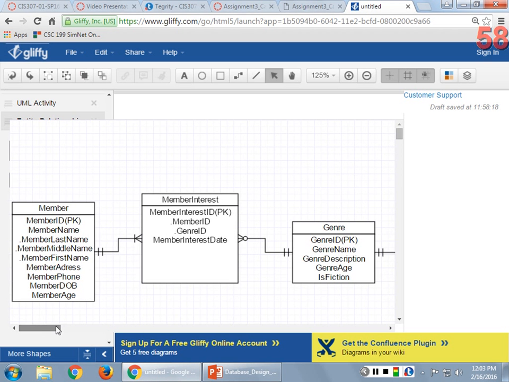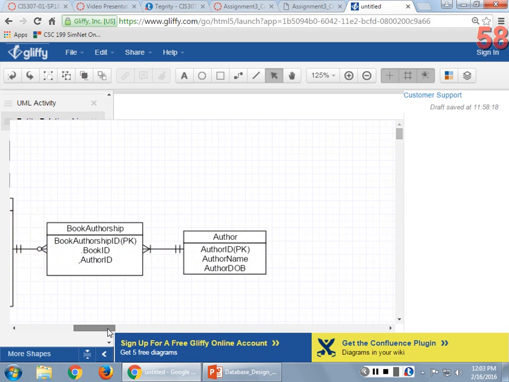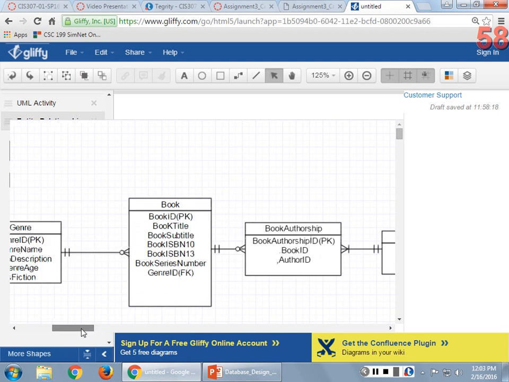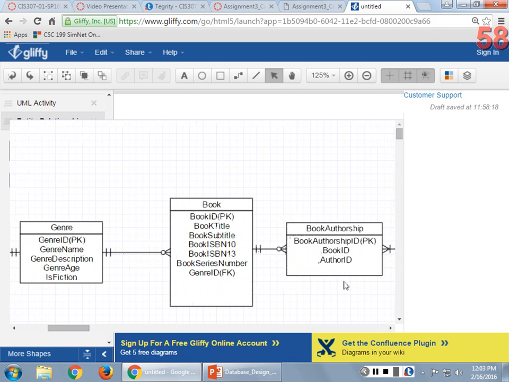Let's see. Do you see any other violations of the third normal form? So you're saying one can be deduced from another one? Well, I'm not sure. You may be right. It could be you're right that you can deduce ISBN 10 from ISBN 13.